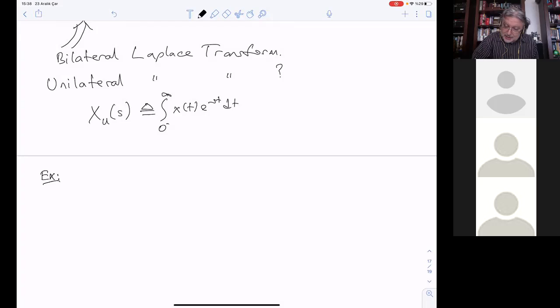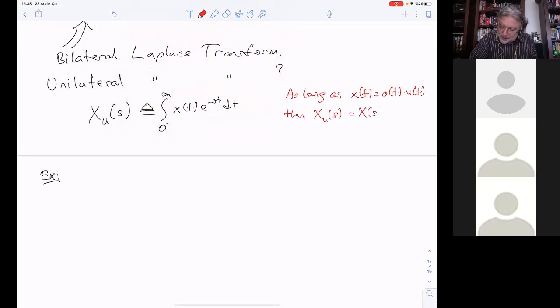I can say that, let me write it in red, as long as x of t is equal to a function times u of t. So if x of t includes a term u of t in the multiplication form, then x sub u of s will be equal to x of s, because the signal itself will start from 0. So the integral will also start from 0 and nothing will change.